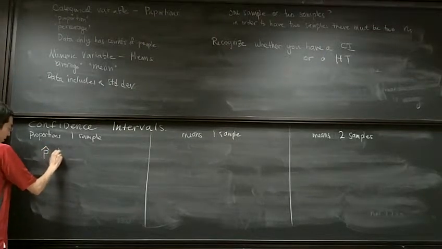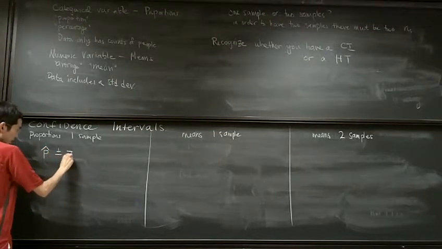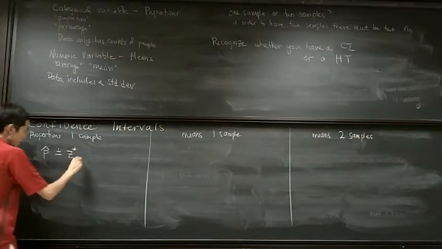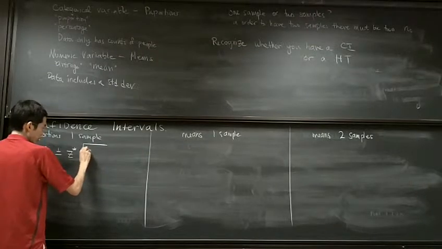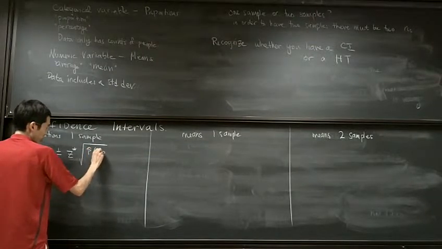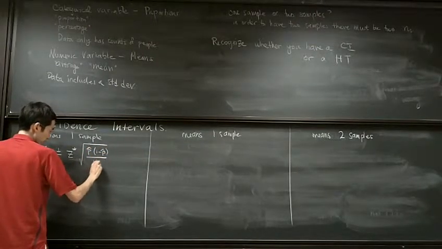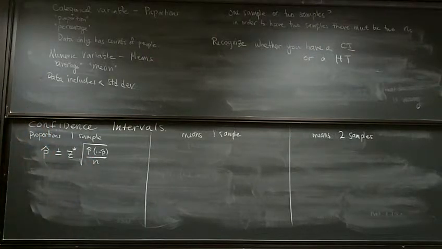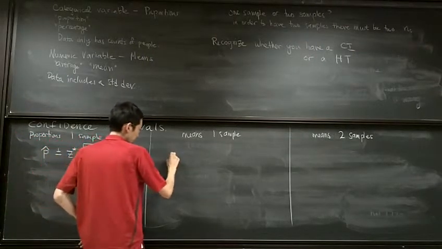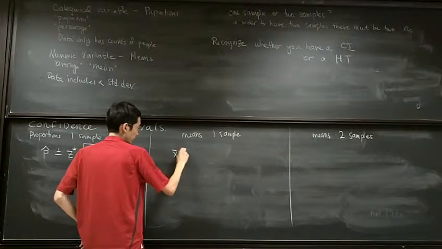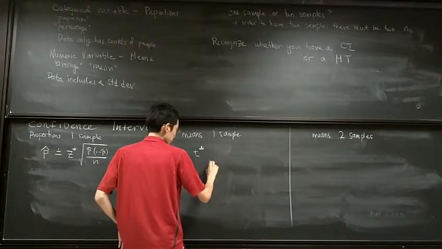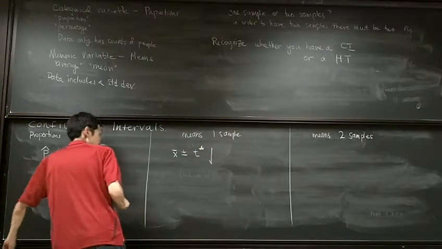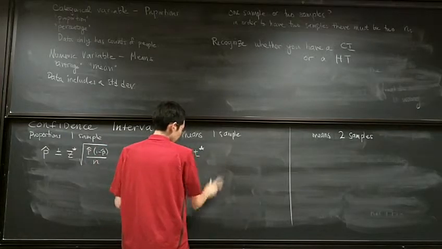P hat plus or minus Z star times the standard error, the square root of P hat times 1 minus P hat over n. Means, one sample: the confidence interval is x bar plus or minus T star times S divided by the square root of n.